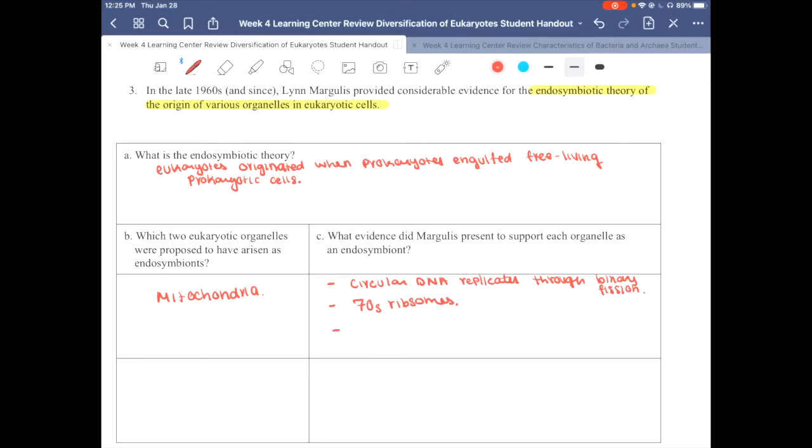And just another observation that the scientists made is that the inner membrane proteins of the mitochondria are actually more similar to the prokaryotes than eukaryotes. So that provided more evidence for why the endosymbiotic theory holds true for mitochondria.